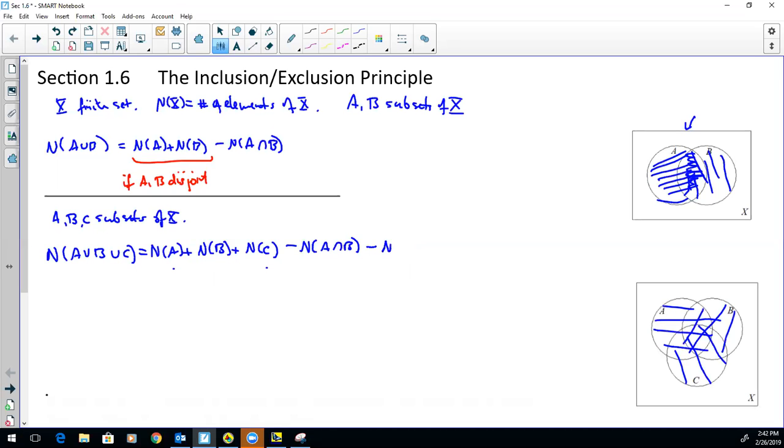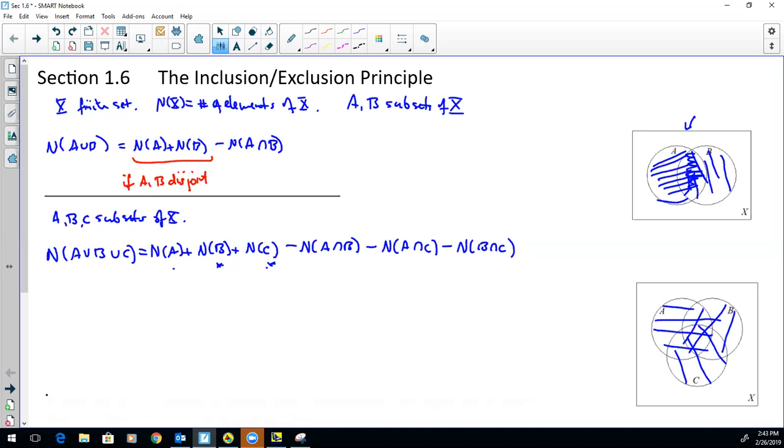So we need to subtract off the number of things that are in the intersection of A and C. And when we count everything in B and count everything in C, those elements that are in the intersection, we've counted twice, and we don't want that. So we'll subtract off the intersection of B and C.